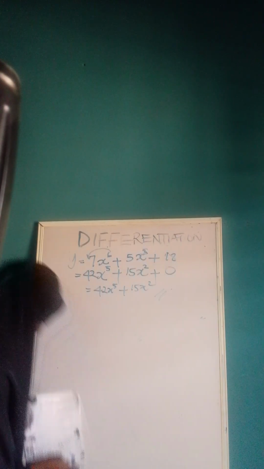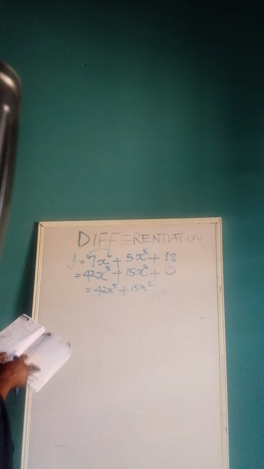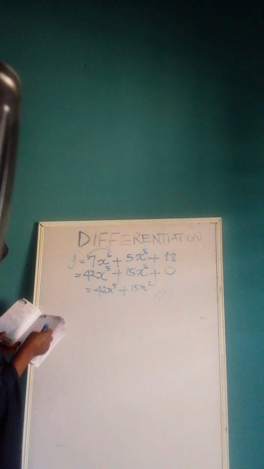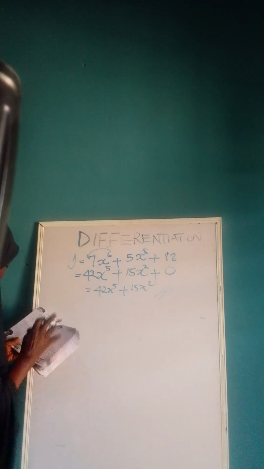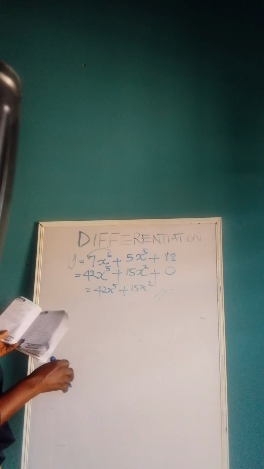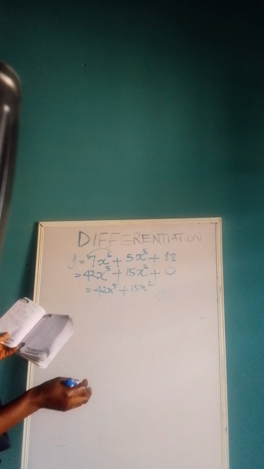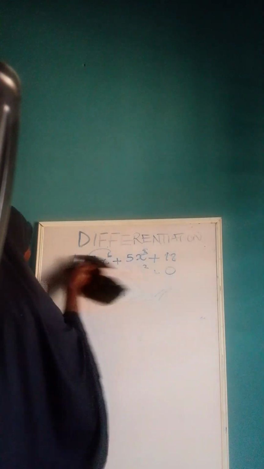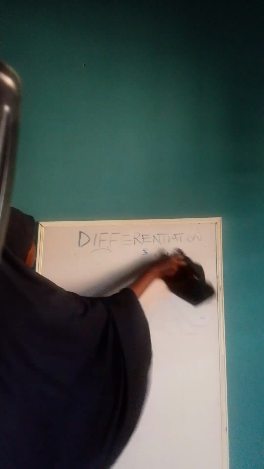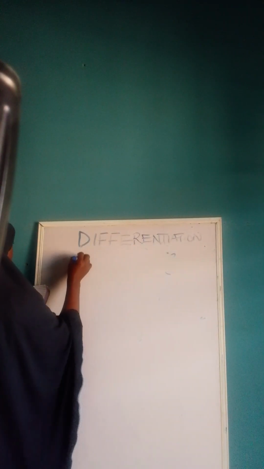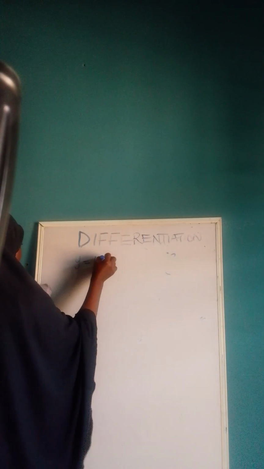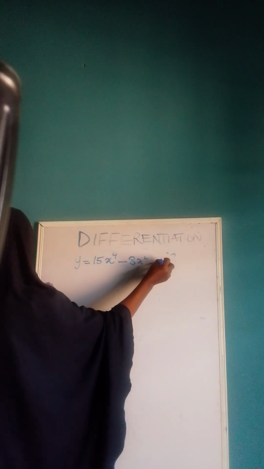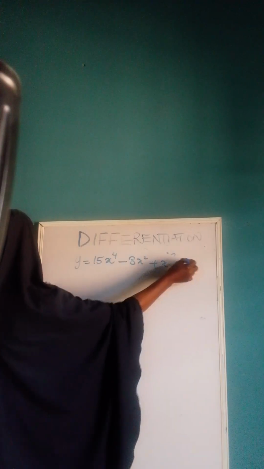So let me give you one or two exercises to lay your hands on and see that there is nothing in it. There's nothing to be worried about. Assuming you are given y equals 15x raised to power 4 minus 8x squared plus x minus 10.